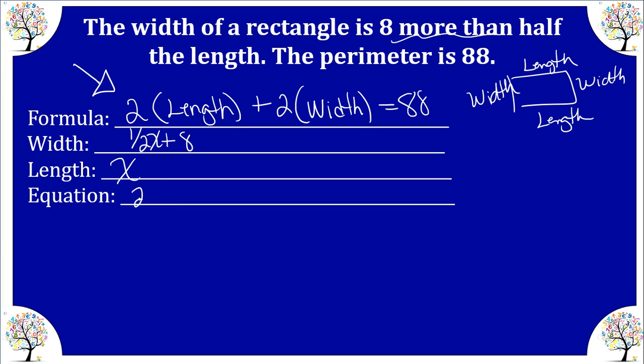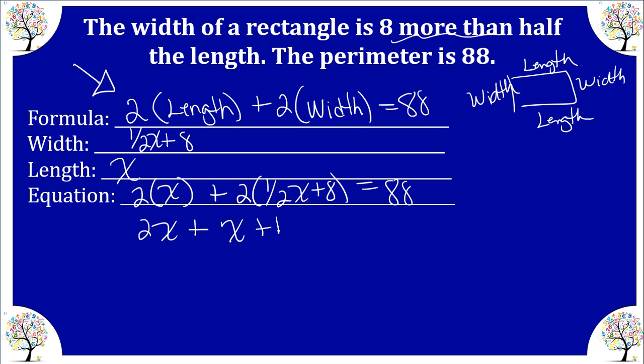I have a 2, and instead of length, it's x, plus 2 times width, and width is half x plus 8, equals 88. Now I'm going to distribute and solve. 2 times x is 2x, plus 2 times 1/2 x, or half of 2, you can look at it that way, is 1x. 2 times 8 is 16.